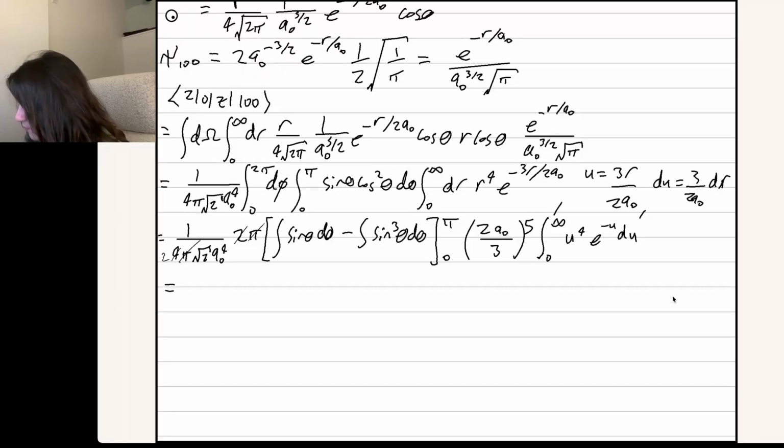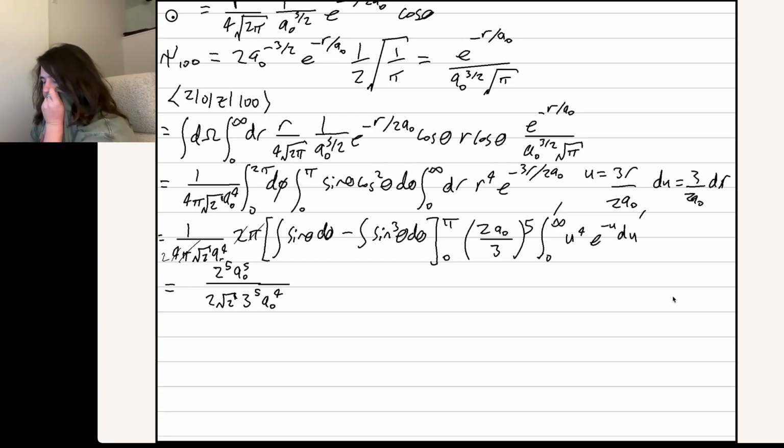So we'll have 1 over 2 root 2. I'm going to write 2 to the 5th a naught to the 5th. Down here we'll have 3 to the 5th and a naught to the 4th. Right.